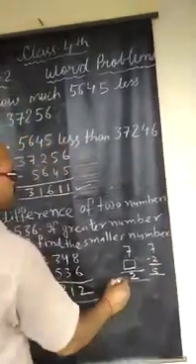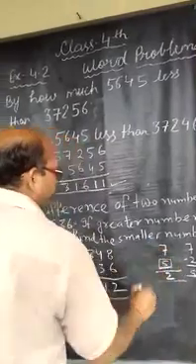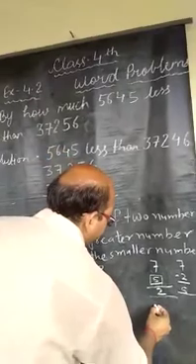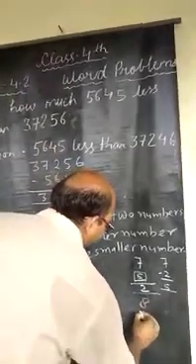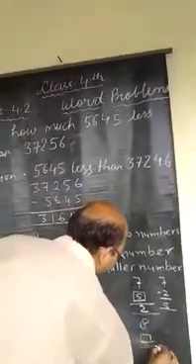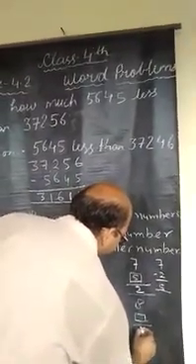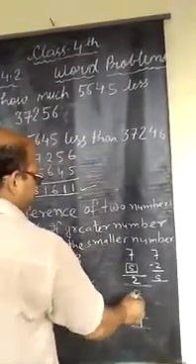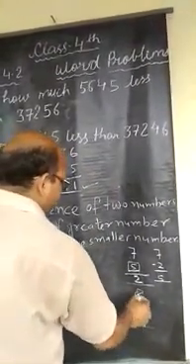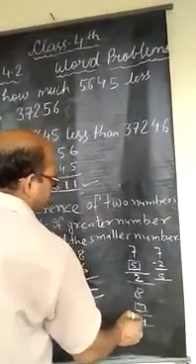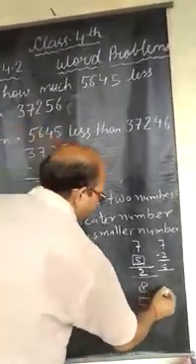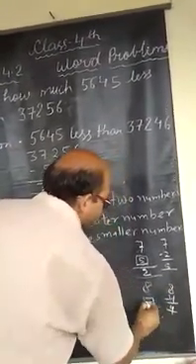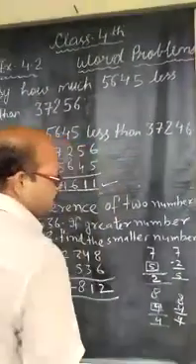So our answer will be 5. In another example, if the greater number is 8 and the difference given is 4, then we can find the smaller number by subtracting 4 from 8 and obtain 4. So our smaller number will be 4.